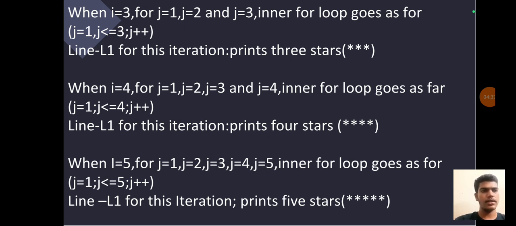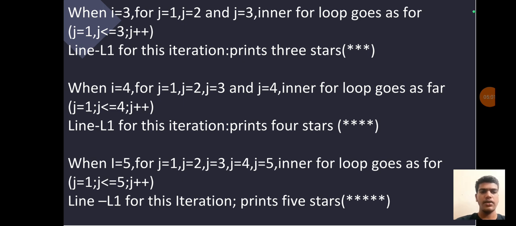The next, when i is equals to 4, j is equals to 1, 2, 3, and 4, the inner for loop goes as for j equals 1, j is lesser than or equals to 4, then j increments. So line L1 for this iteration prints 4 stars.